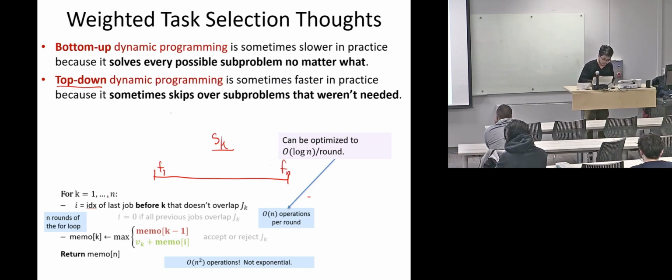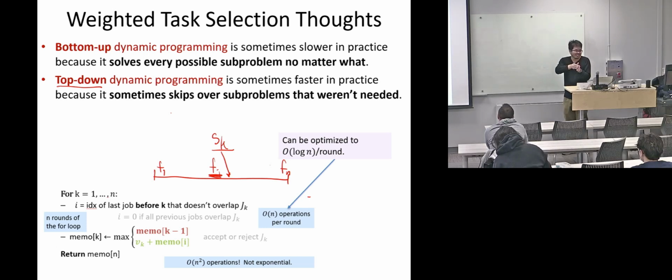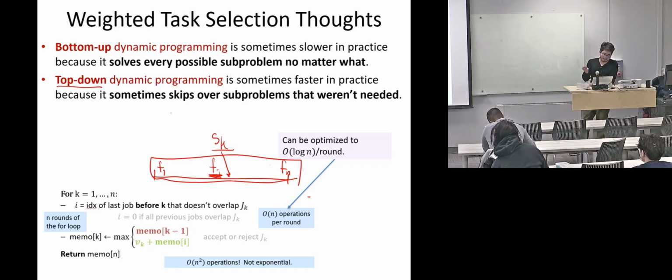So you just need the one with the biggest finish time that is smaller than sk, and you can do this by binary search. That takes log n. So preprocess and store this array, and now you can look up i in log n time. So the total time is going to be n log n instead.